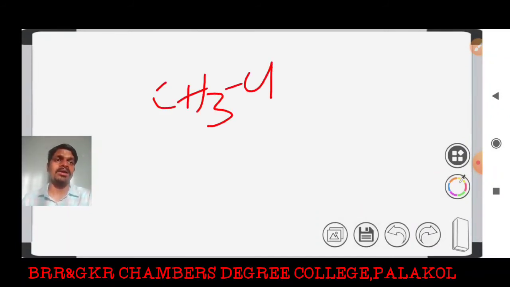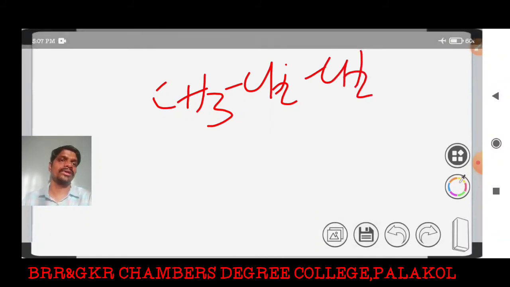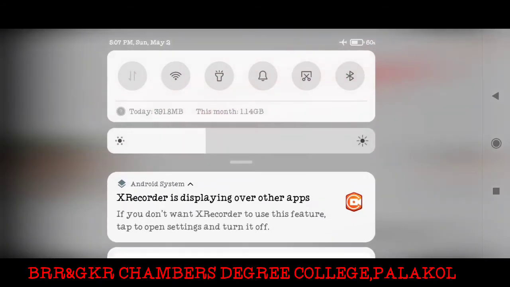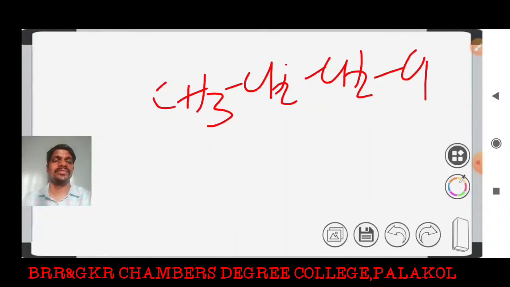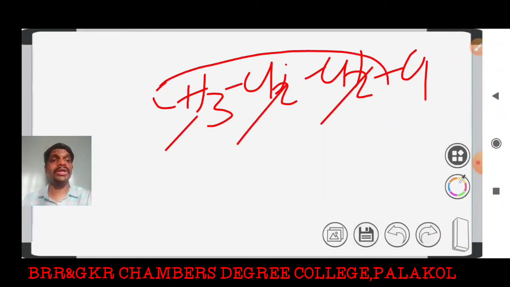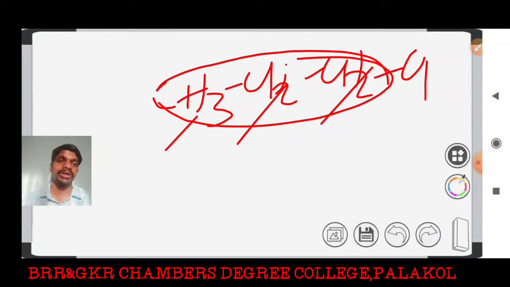Similarly, in our organic molecule we have lots of different environments of protons. Here we have three environments of protons: CH3, CH2, CH2. All the nuclei come to the ground state at a single time.